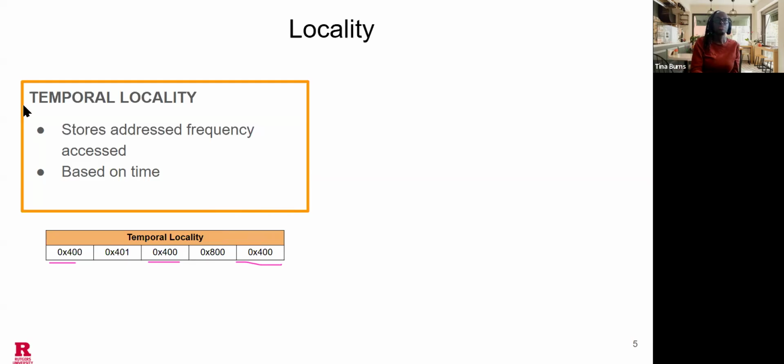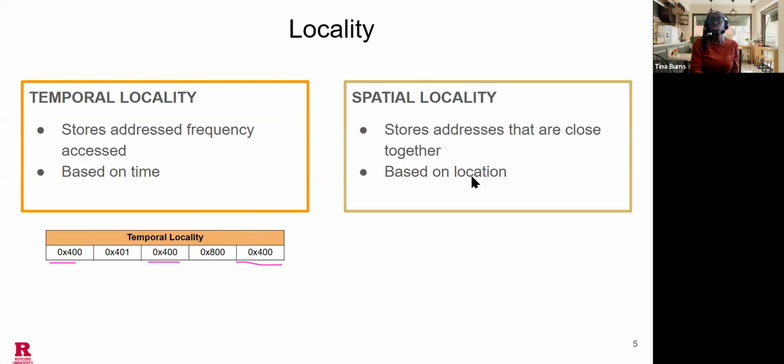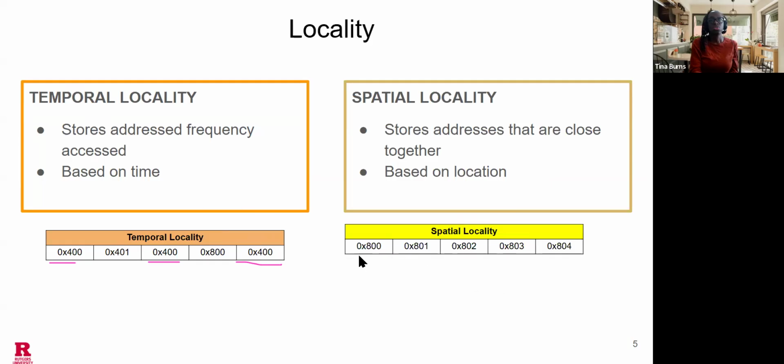Now, this is going to be based on time. Spatial locality is going to store the addresses that are close together, and this is based specifically on location. So we'll see that this is an example where you notice that it has 800, 801, all of those right next to each other. So what this does is it's going to prefetch that data and say, okay, I have 800.